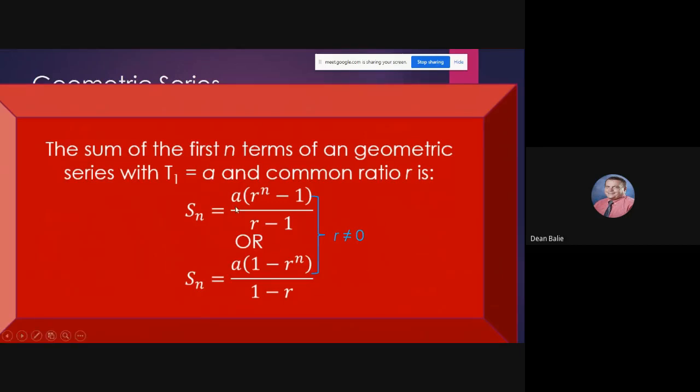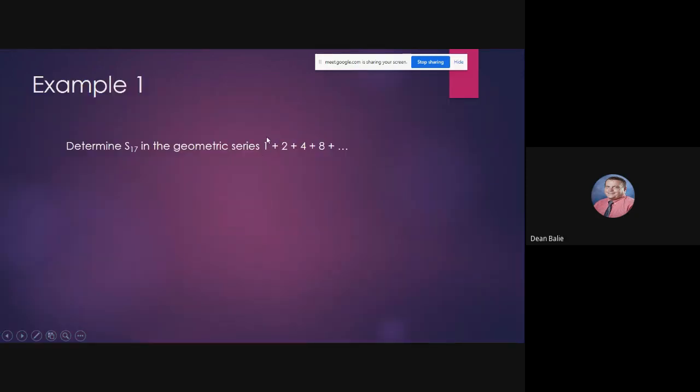My A value will be 1, my N value will be 17, my R value is 2 because I'm multiplying by 2 each time. So the solution here is going to be A, which is 1, multiplied by 2 to the power of 17 minus 1, all over 2 minus 1.